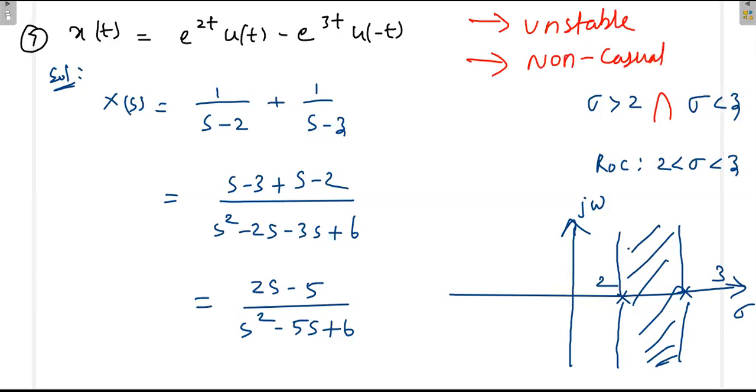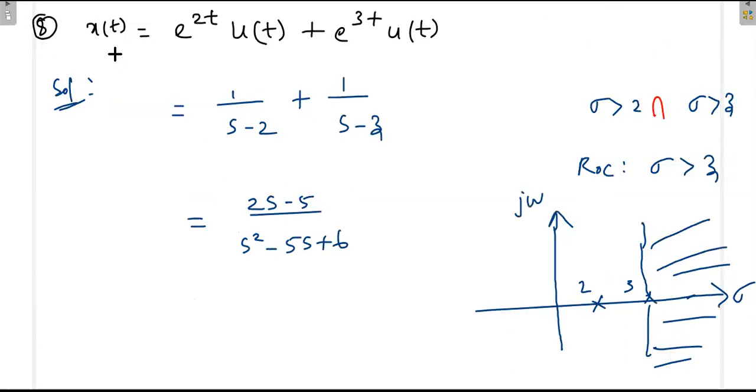Then the eighth question. When you put t is equal to infinity, again this is unstable. And both are defined only for positive time. So this is causal.